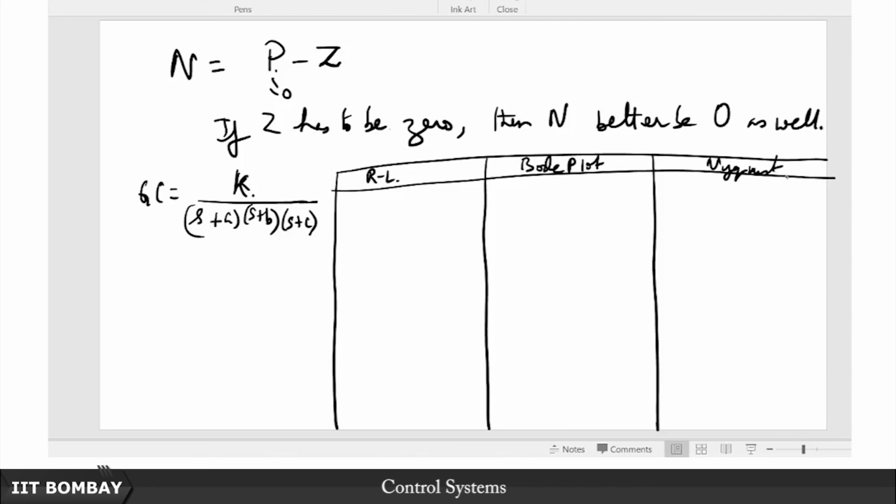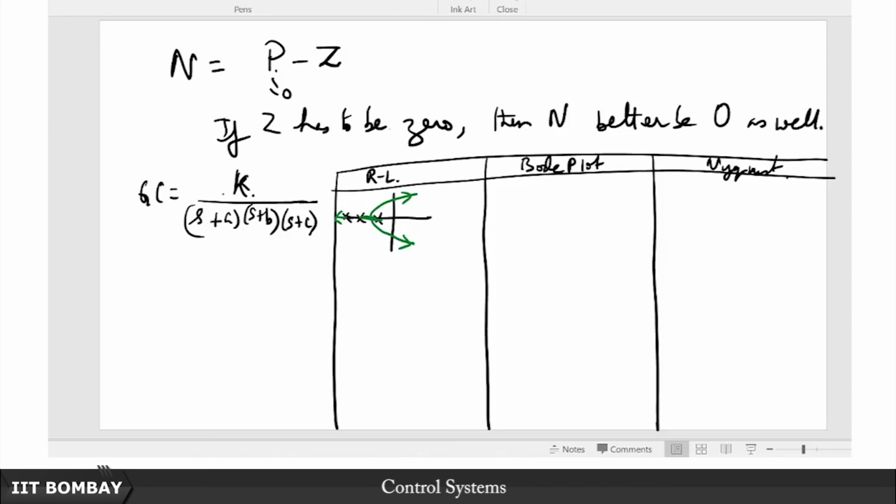Of course the root locus is going to be something like this, you have 3 poles here. So you will have a segment of the root locus here and another segment that goes like this, and somewhere here it will tend to go over to the right half plane.